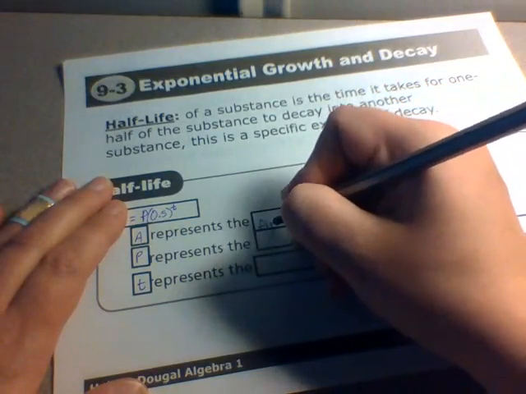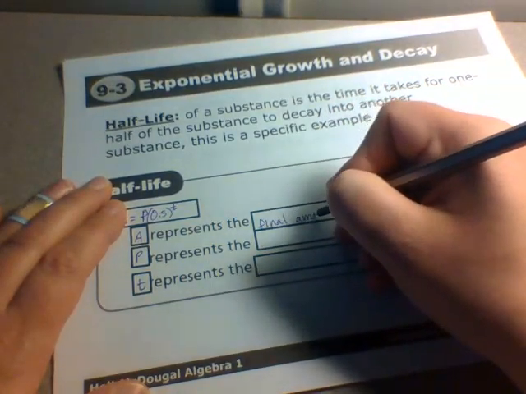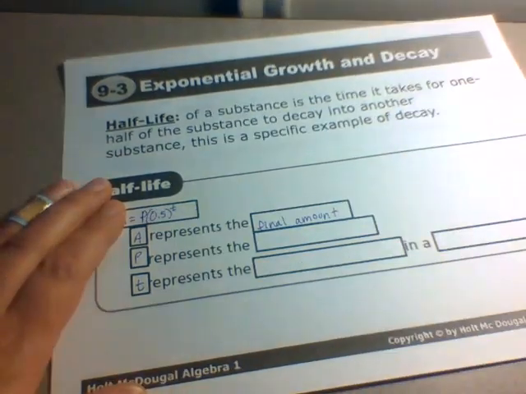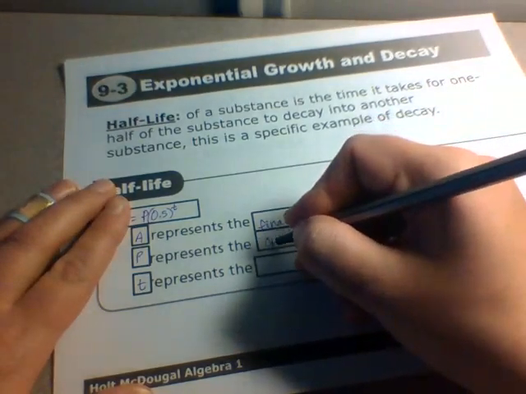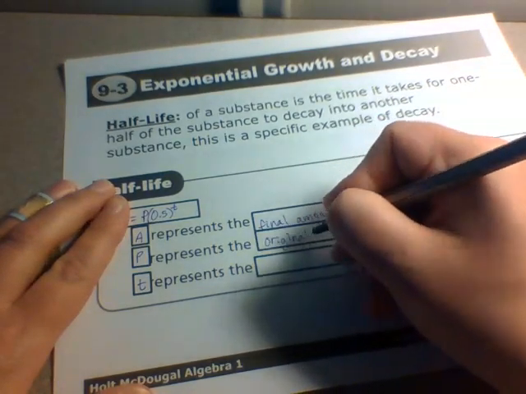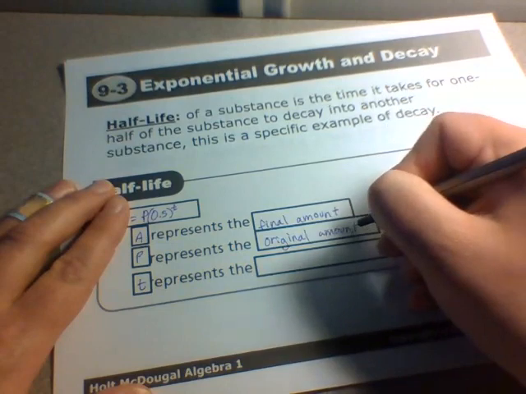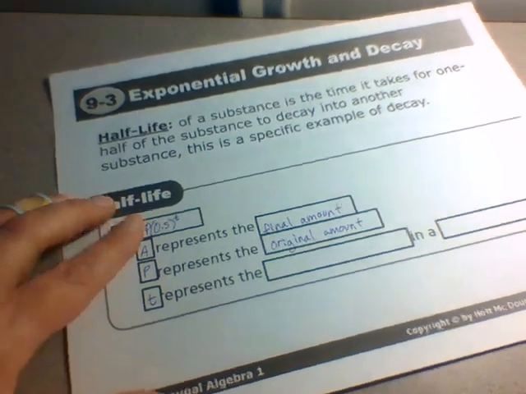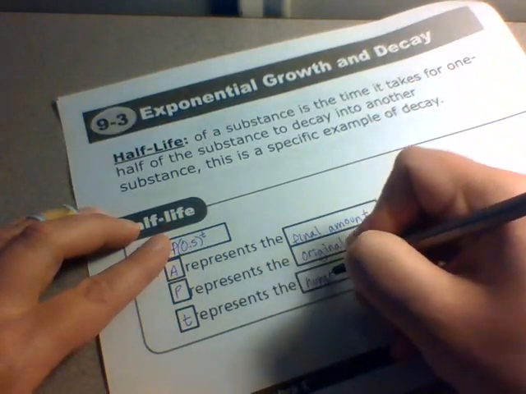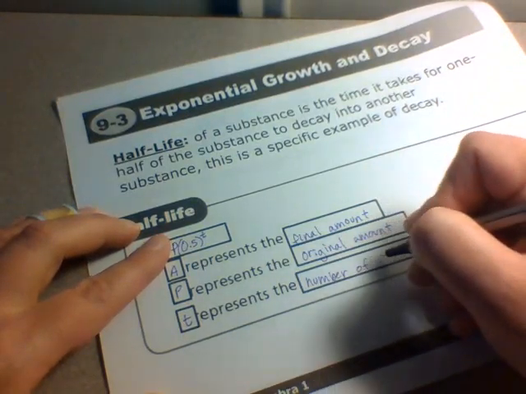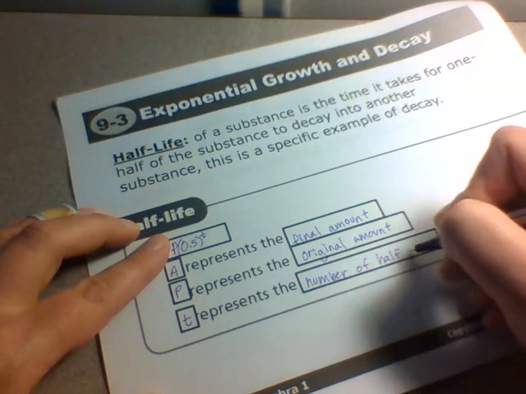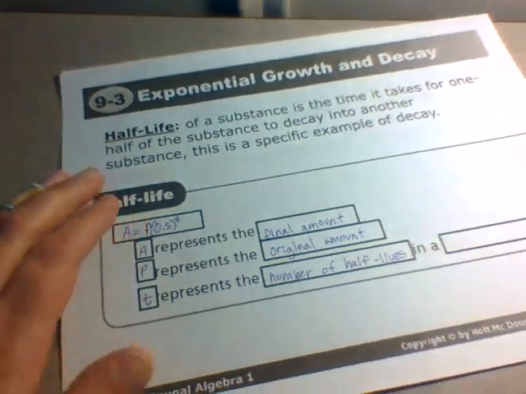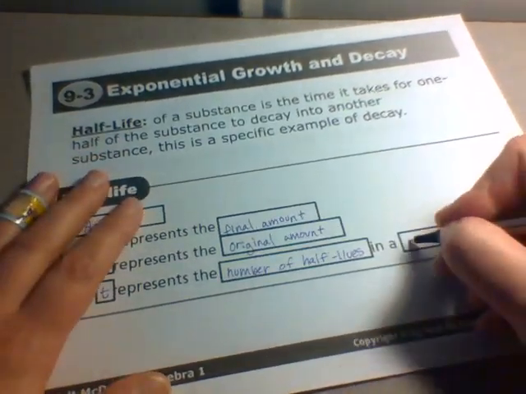So A is going to represent your final amount of whatever the element is. P represents the original amount or the initial amount. And then T is going to represent the number of half-lives in a given time period.